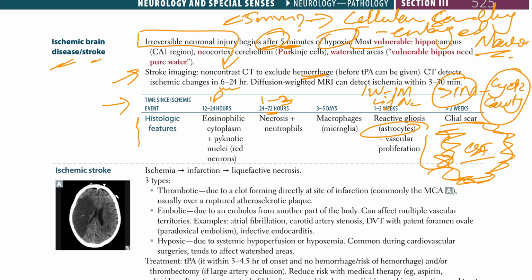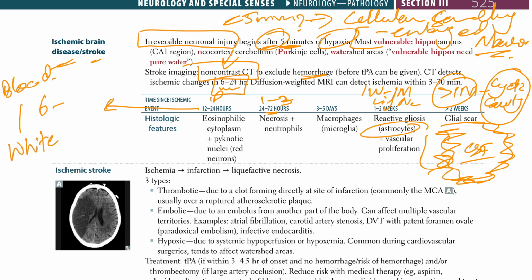Going back to the very start, even before this time, before even the 12 hours, we said we would do a non-contrast CT, and ischemic changes will be seen by 6 to 24 hours. So right about at 6 hours, recalling normal radiology, on CT the blood appears white.